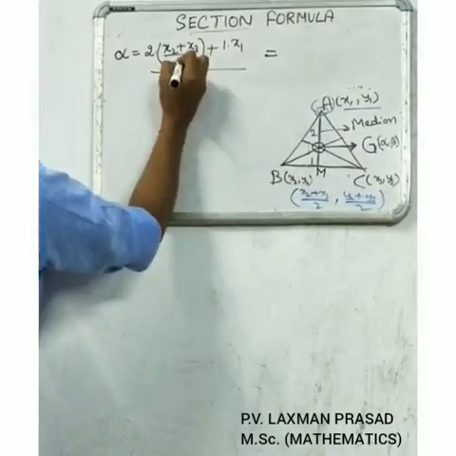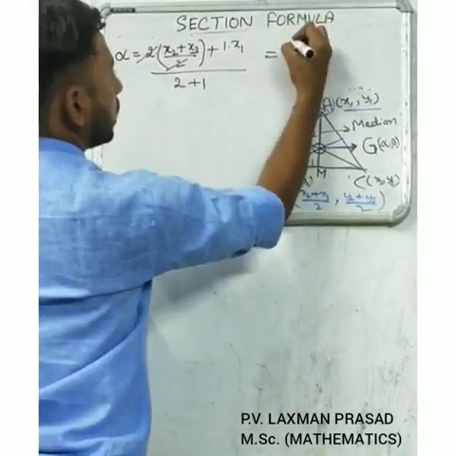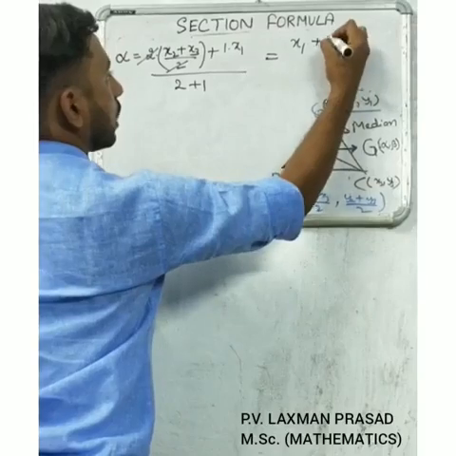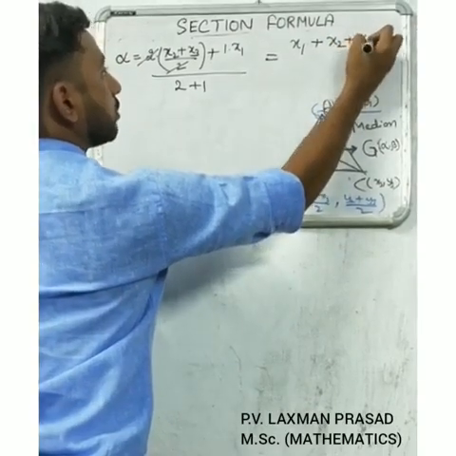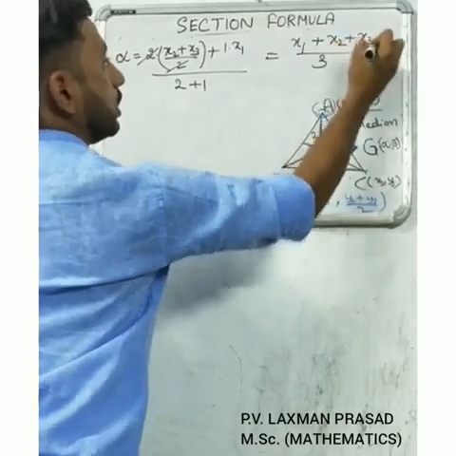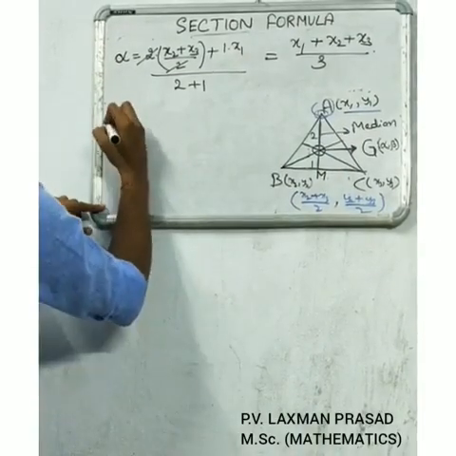This is a straightforward usage of the section formula, (mx2 plus nx1) by (m plus n). And this will give you 2 and 2 gets cancelled, and you will get (x1 plus x2 plus x3) by 3. And similarly you can find beta.